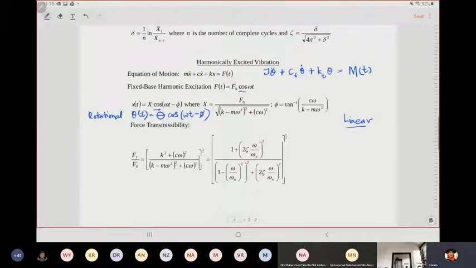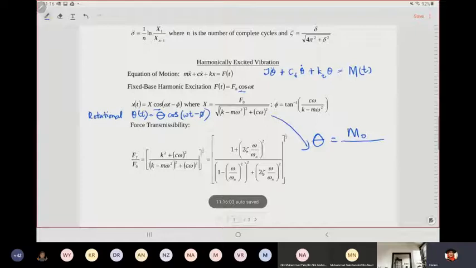So how do you write the amplitude now? Capital theta equals moment, M. Very good.